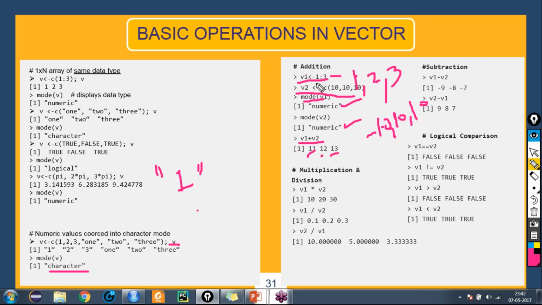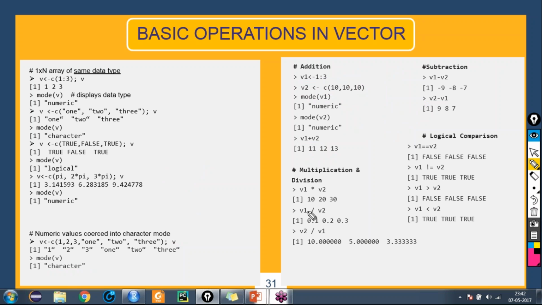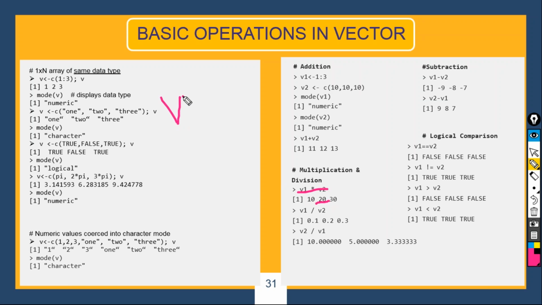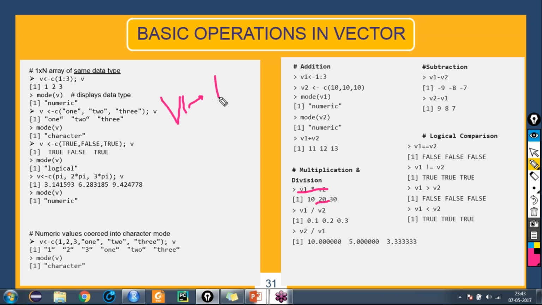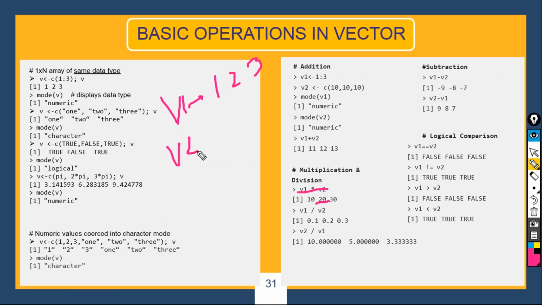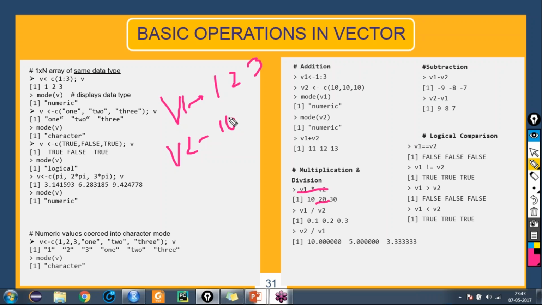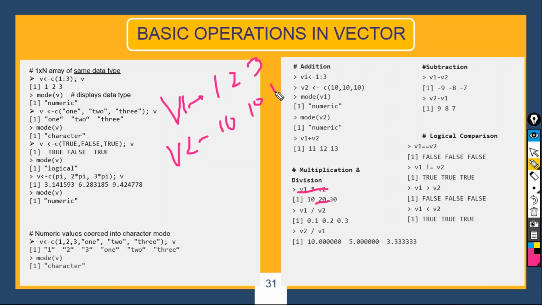So you have V1, V2, which you have defined above. When you do multiplication, V1 into V2, it will do 10 into 1, which is 10, 10 into 2, which is 20. So it will multiply the same index value. V1 has 1, 2, 3, right? And V2 has 10, 10, and 10.